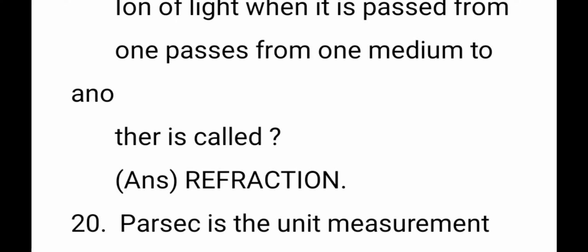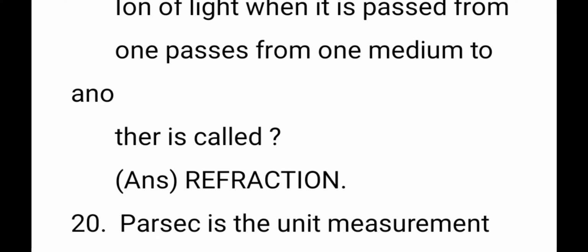Reflection means a light ray travelling from a rarer medium is incident on a plane mirror at a point, and it passes back into the same medium, air. That is known as reflection. In reflection, the angle of the incident ray is equal to the angle of the reflected ray. That is one. Refraction.